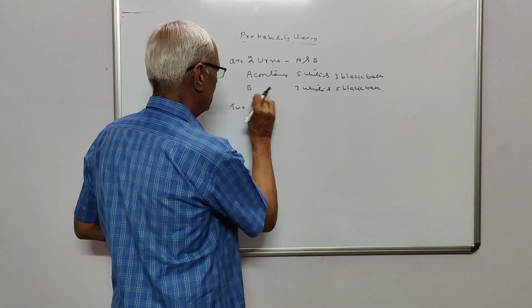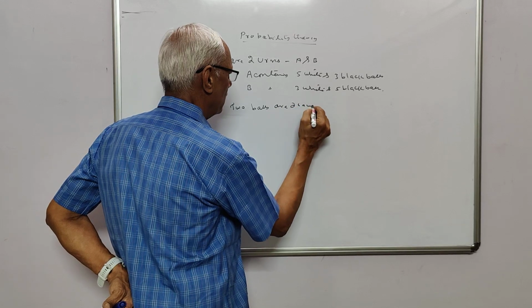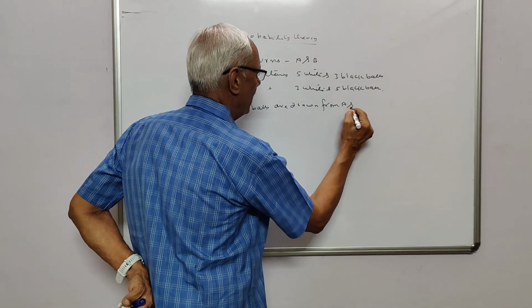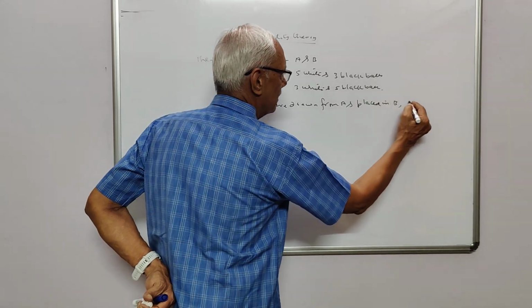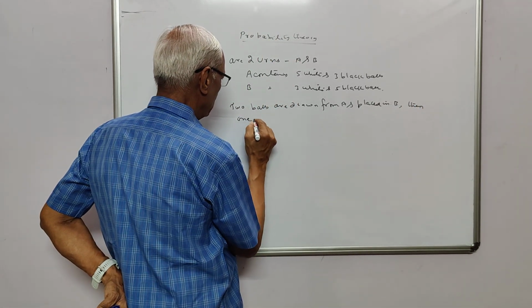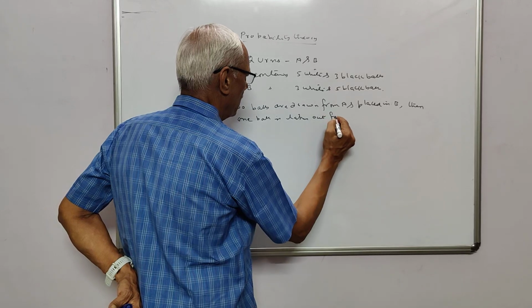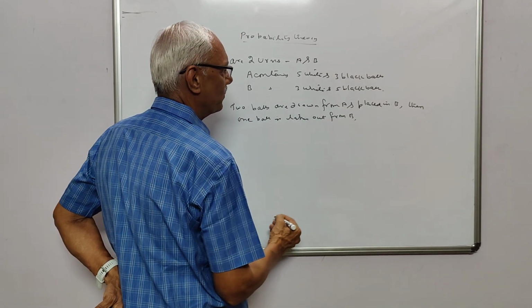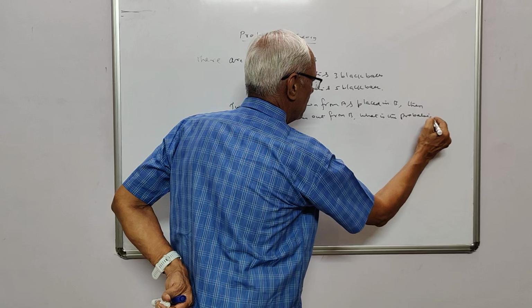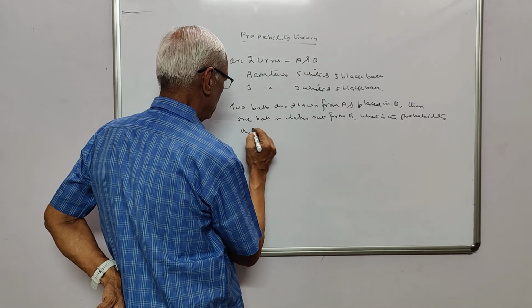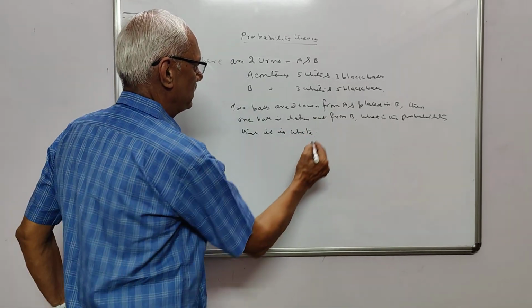I will put it in this way: 2 balls are drawn from A and placed in B. Then one ball is taken out from B. What is the probability that it is white? So this is the problem.